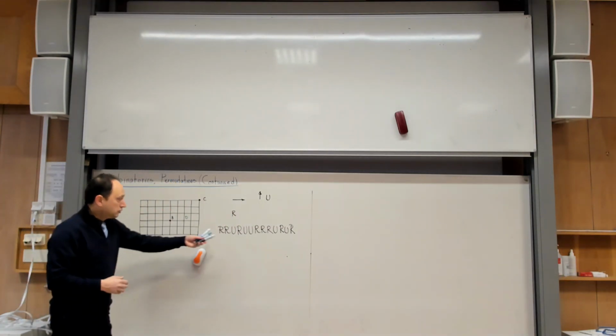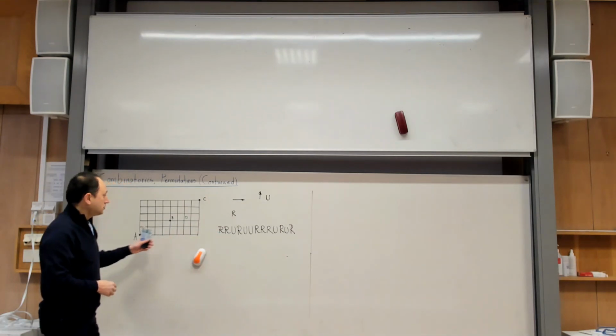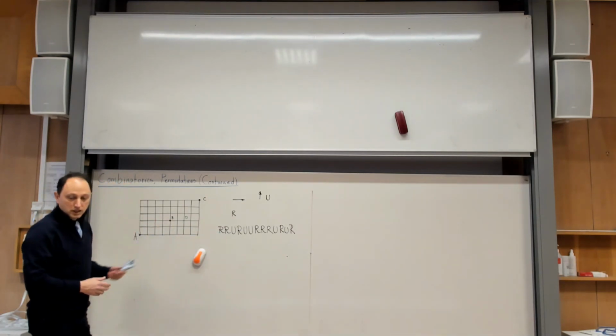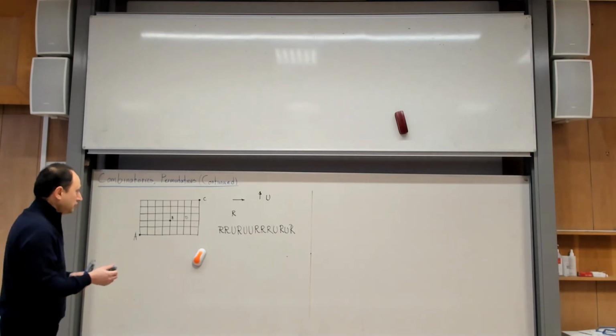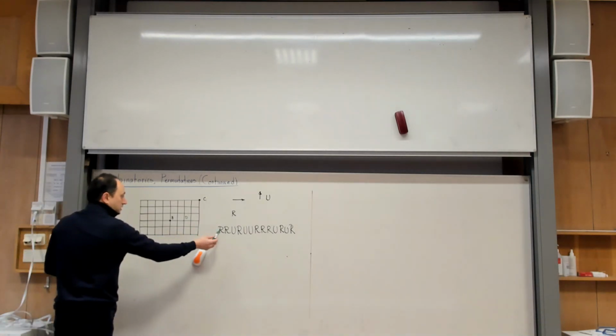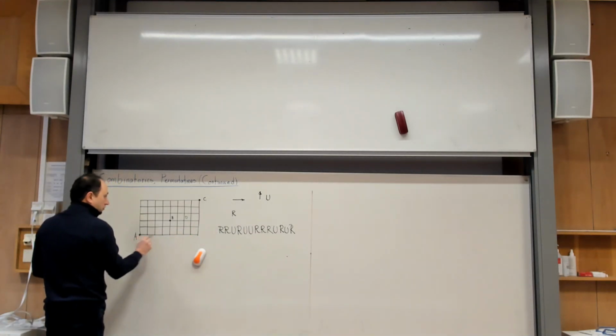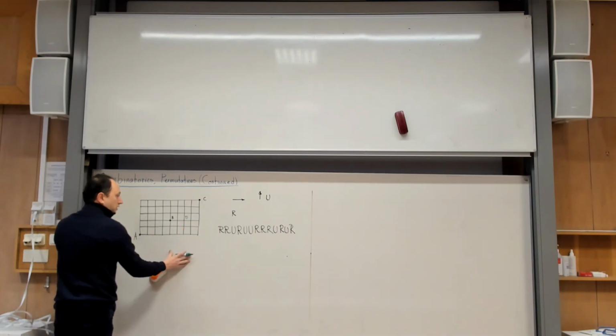But this code can be translated into a road from A to C if we know the convention. I go 2 units to the right because R appears 2 times.